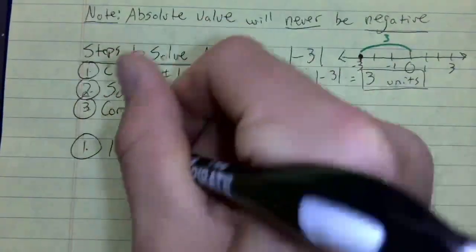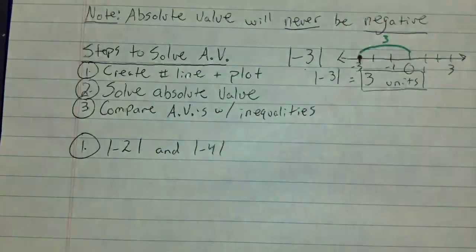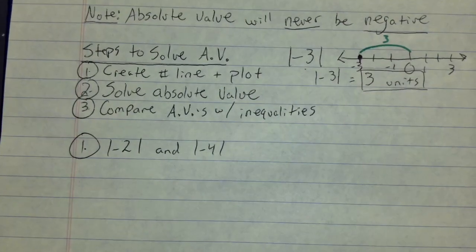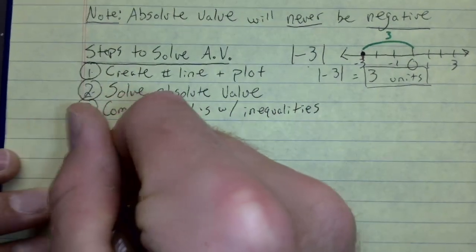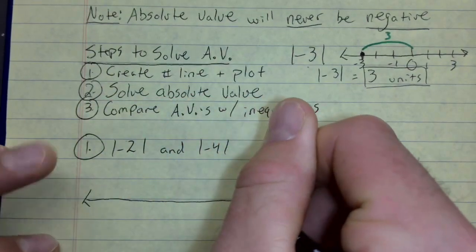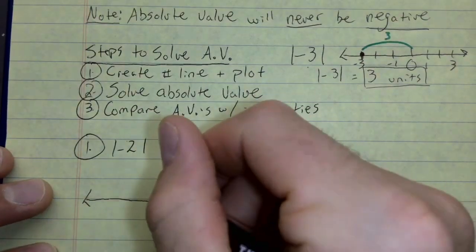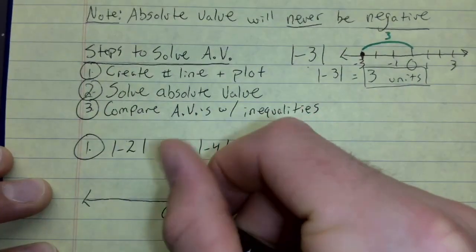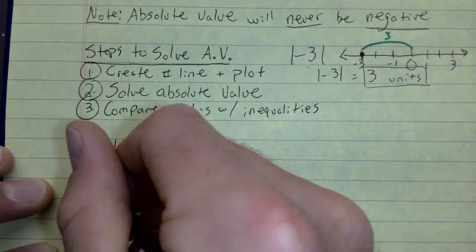I'm going to write number 1, and number 1 is the absolute value of -2 and the absolute value of -4. All right. So step 1 is just to create your number line and plot, and just make sure you skip one line so you can add your arcs in there. And we are working with negative numbers. Here's 2, 4, -2, -4.